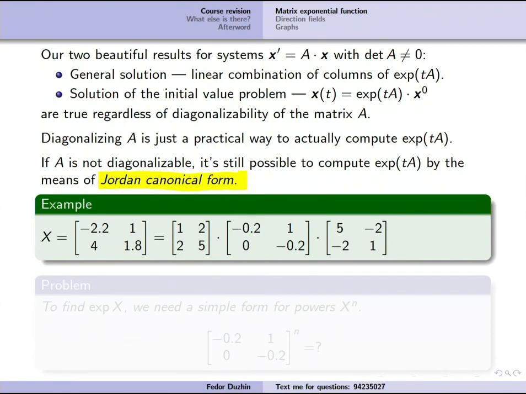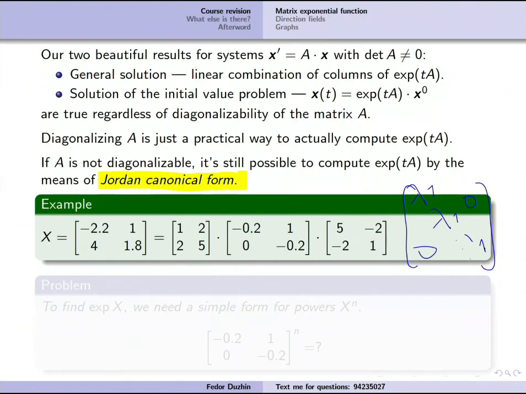So basically, the Jordan canonical form looks like this: you have eigenvalues on the diagonal and ones right above the diagonal and zeros at all other places.